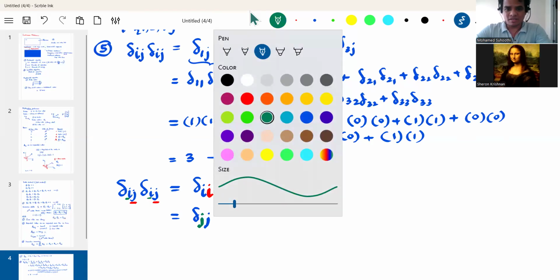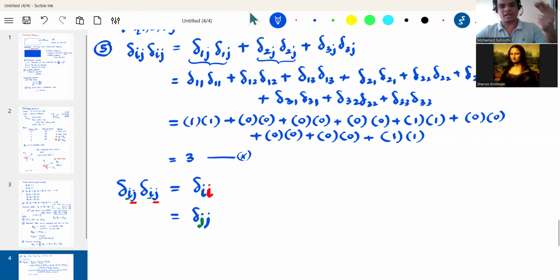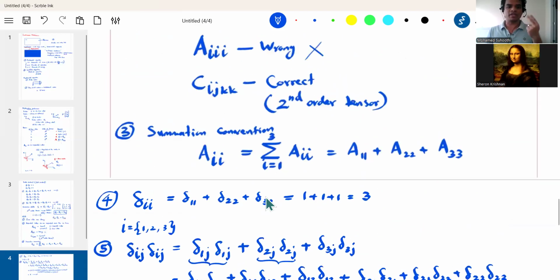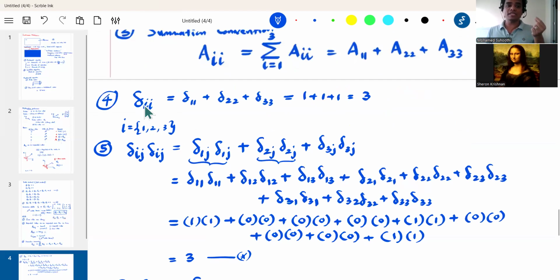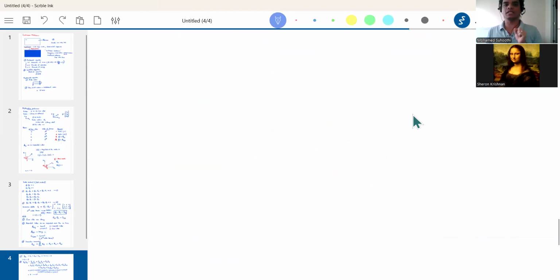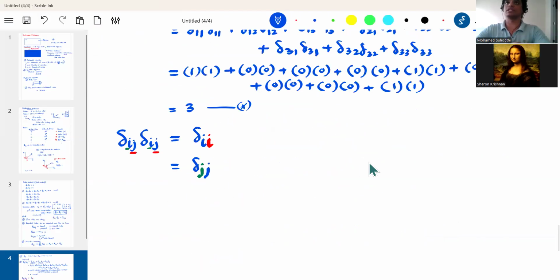So you can write it this way or this way. In both cases, delta ii, we already discussed, is 3. Similarly, I told you these indices are dummy. You can replace them with anything. Delta ii means delta jj, delta mm, delta pp, everything is 3, right? So this one is also 3, this one is also 3. Whichever way you go, you will end up with the answer 3.